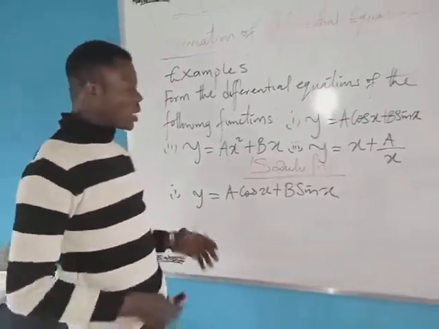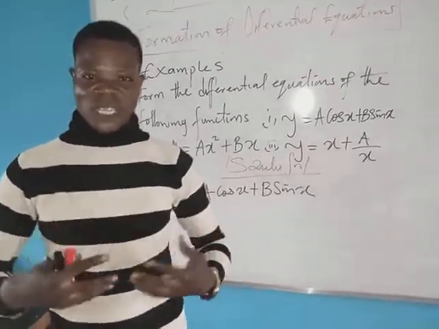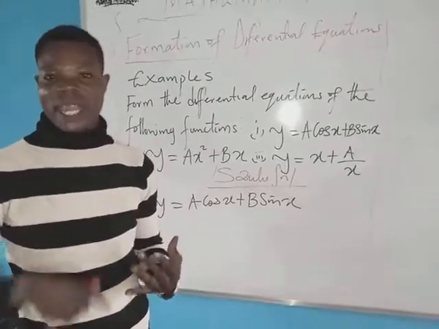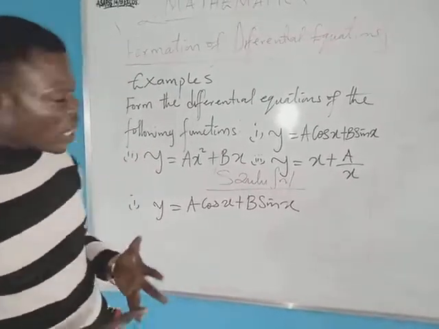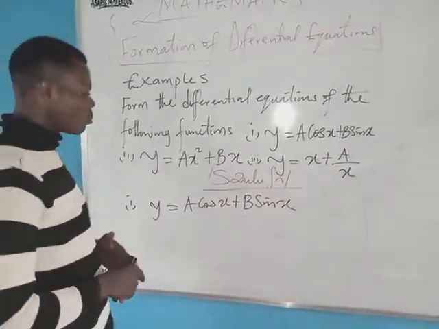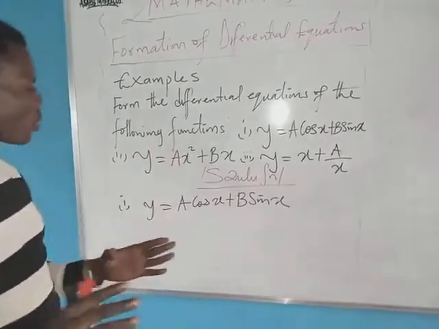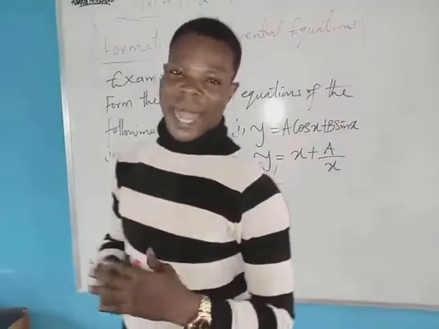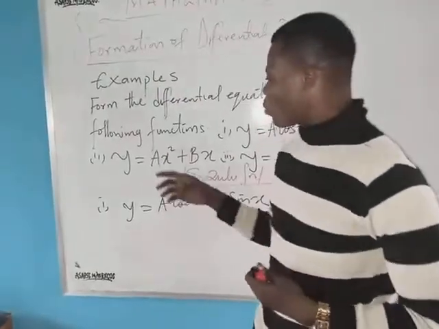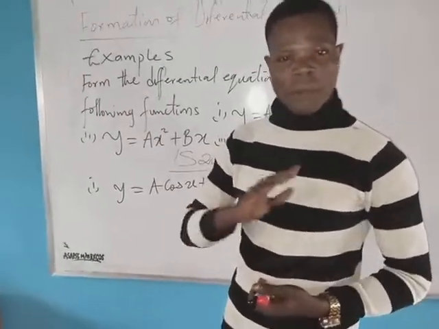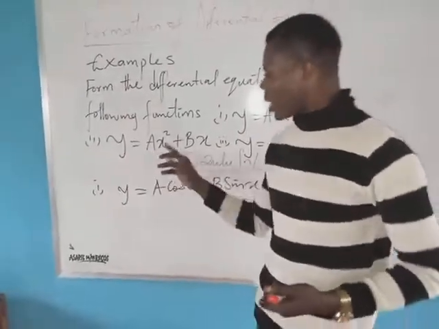Don't forget, you might have different order when you are forming this differential equation, like first order, like second order, and so on. Now, what are we to do here? What we should put in our mind is we want to eliminate or cancel completely all these arbitrary constants.